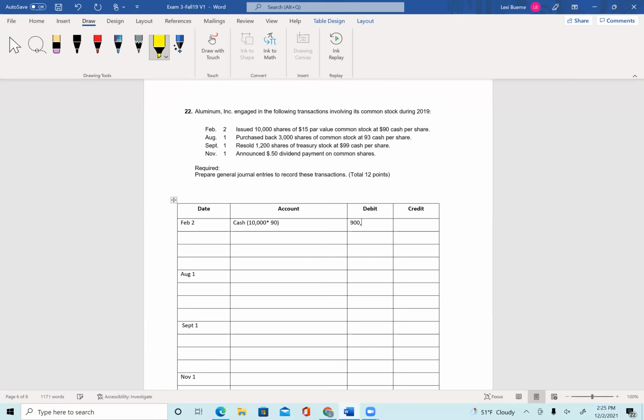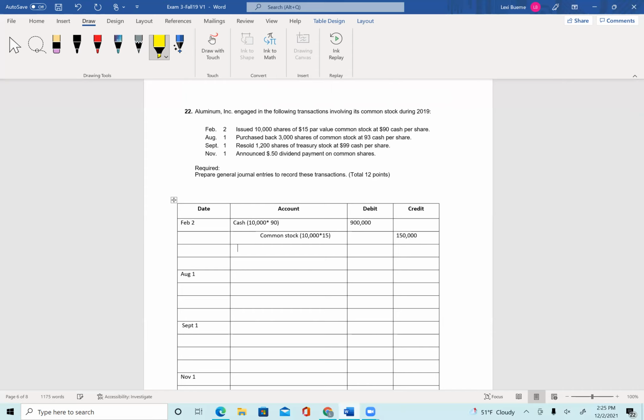That gives you 900,000. You don't have to put the calculations in here on the exam. I just did it so that you can see. So now common stock is going to be the 10,000 shares times the 15 amount, which is the amount for shares. That's going to be credited 450,000.